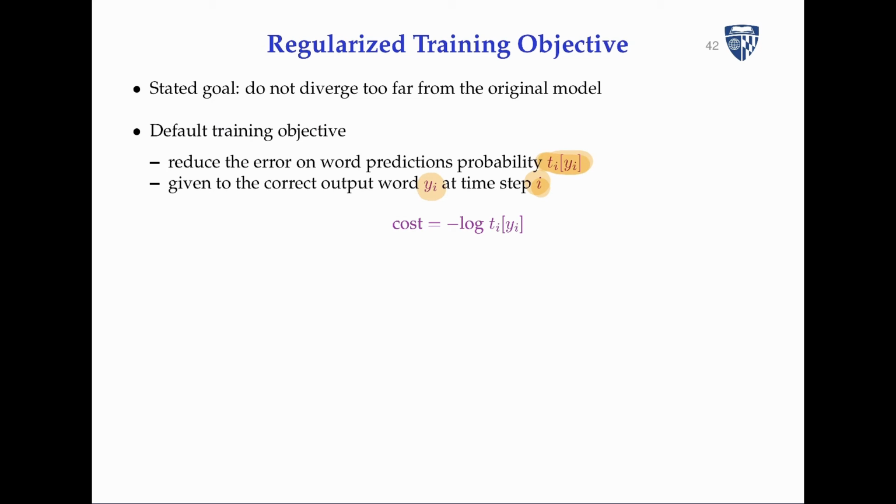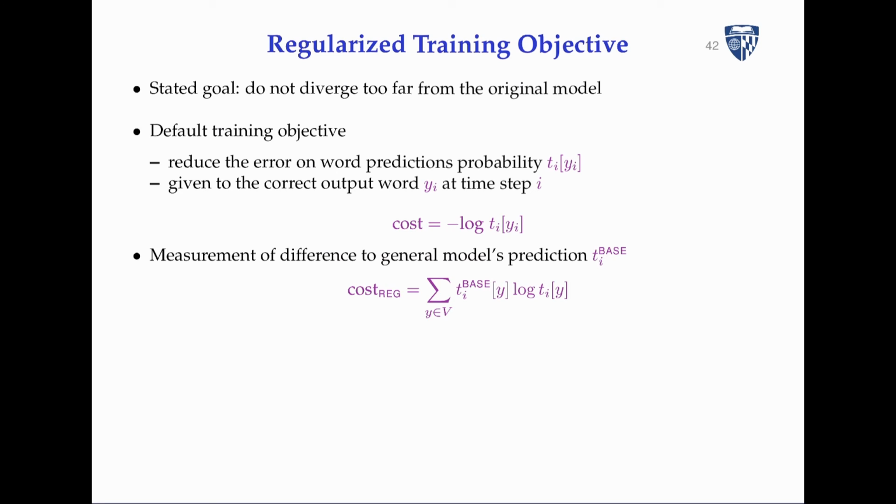That's what we pass through as the cost for backpropagation training. Now the idea is that we keep that cost, we're sticking with that, but we also include how much our original general model predicted this word.